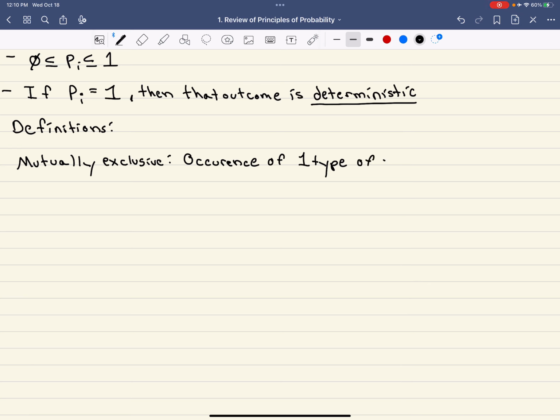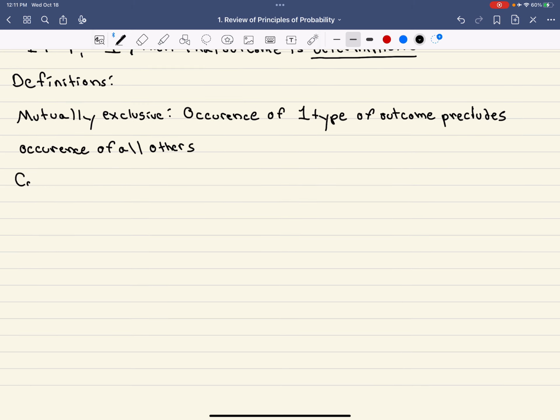So for instance, if outcome A were mutually exclusive, then that would mean that outcome B would not be able to occur. So occurrence of all others.